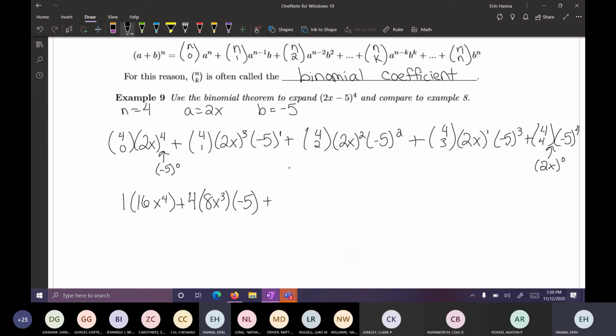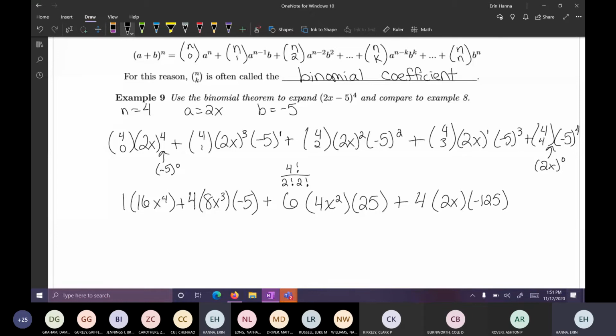4 choose 2, if I want to write it out fully once, is essentially 4 factorial over 2 factorial times 2 factorial, which gives us 6. 2x squared will be 4x squared. -5 squared is 25. 4 choose 3 is 4. 2x to the first is 2x. -5 cubed is -125.